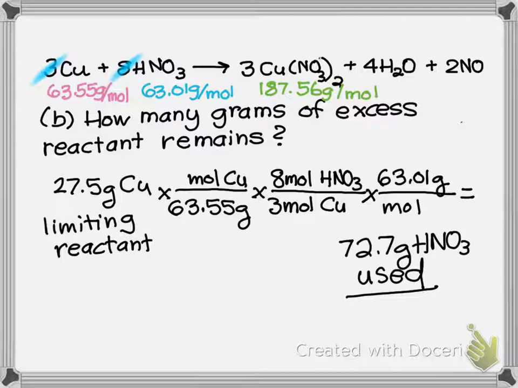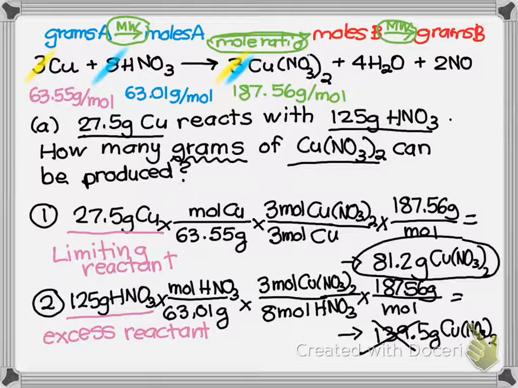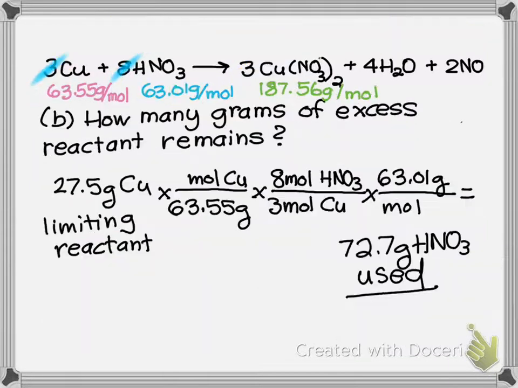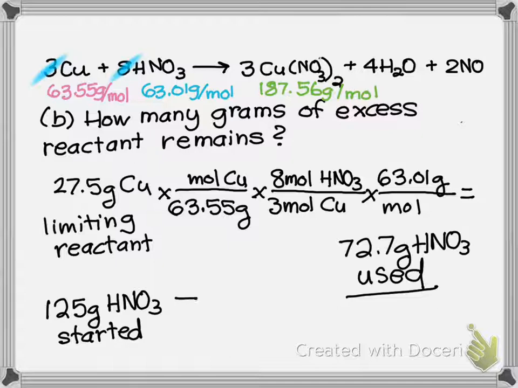Okay, so let me go back. I have to remind myself how much. I think I had 125 grams. Yes, I started with 125 grams of nitric acid. So this is what I started with, and then I used 72.7 grams.